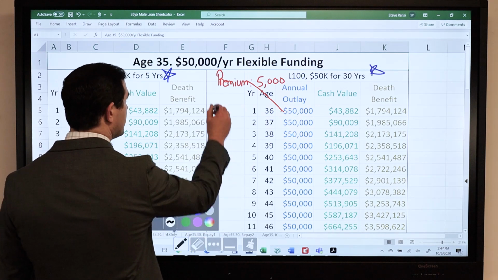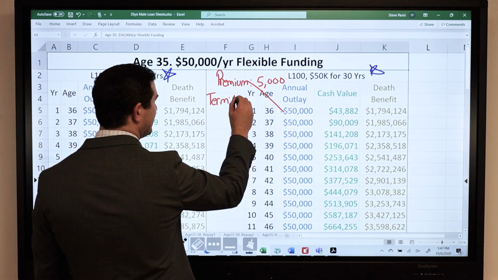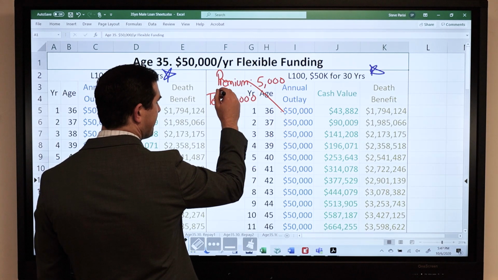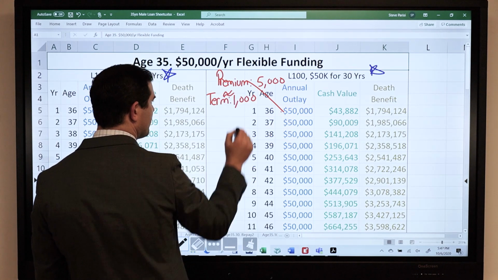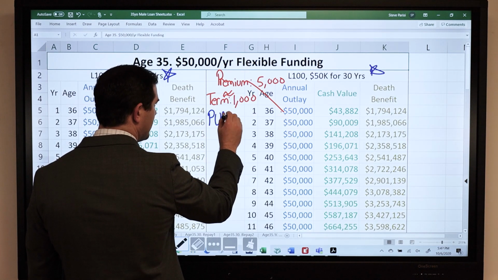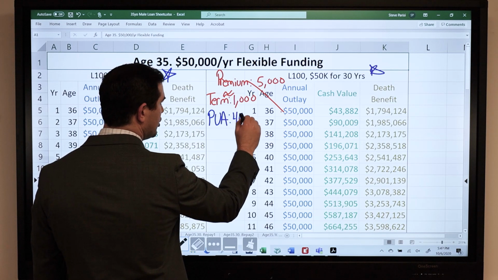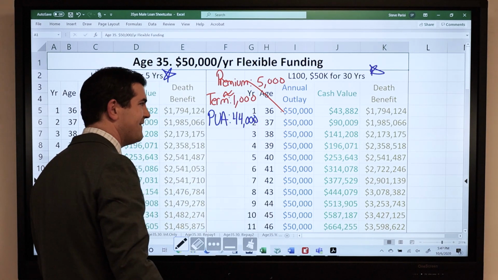We have a term rider in here as well. The term cost, we can get the exact, but we guesstimate right around $1,000 in this example. And then everything else we are funneling into PUAs, paid-up additions, to accelerate the cash value.